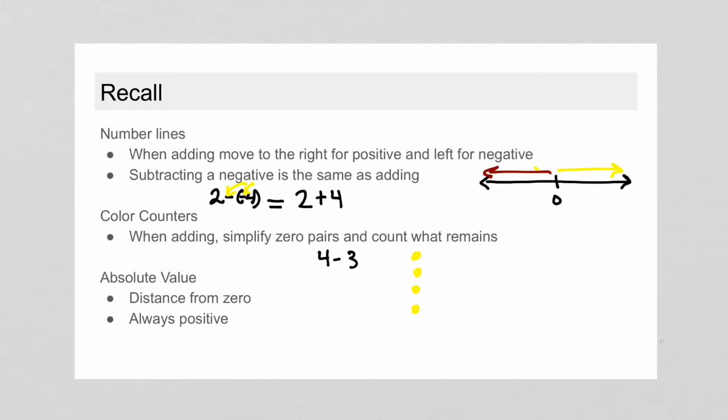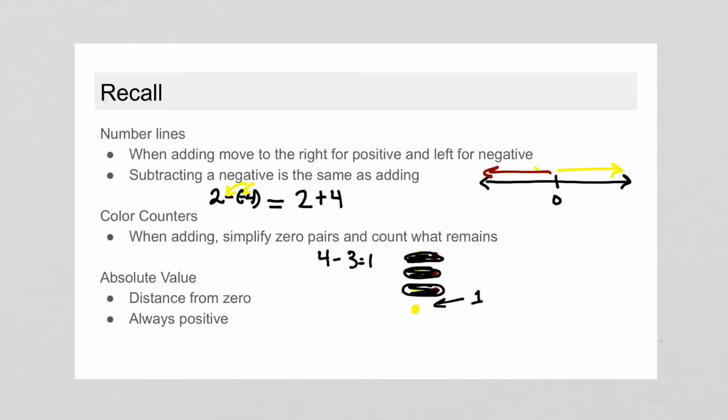And I have 3 negative chips: 1, 2, 3. And how I can solve that easily is I can see that this zero pair goes away, this zero pair goes away, this zero pair goes away. And what I'm left with is a single positive chip. So I know that 4 minus 3 equals 1.